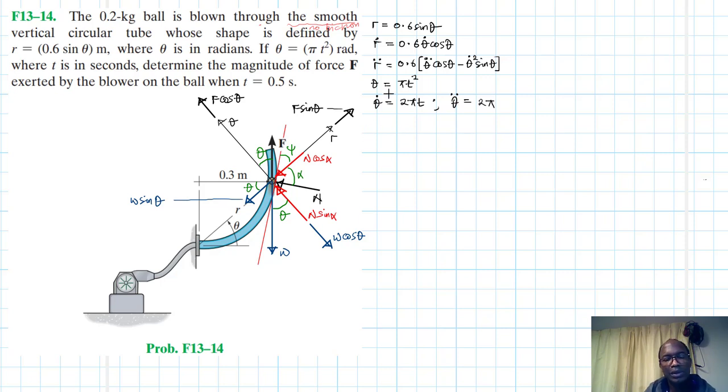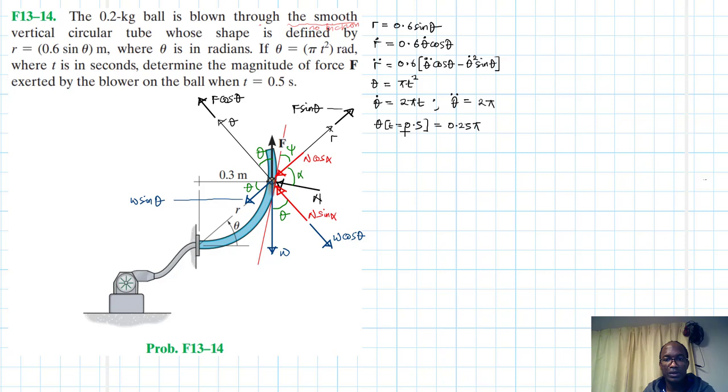Great. So now let's work out all this at t equal to 0.5. Theta at t equal to 0.5, feeding it in there, just becomes 0.25 pi radians.